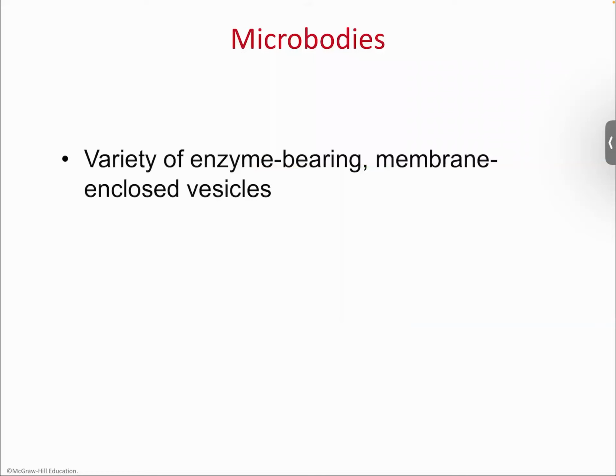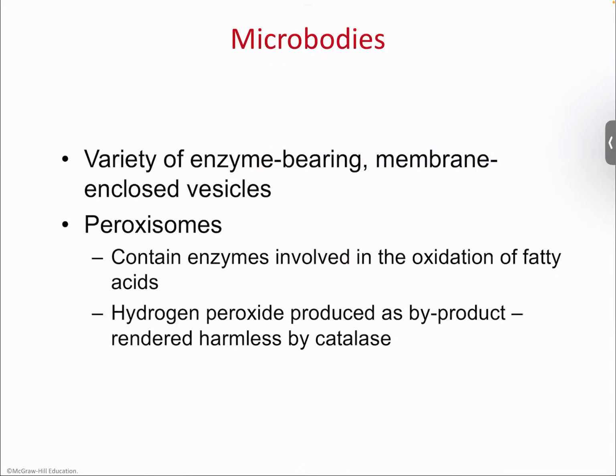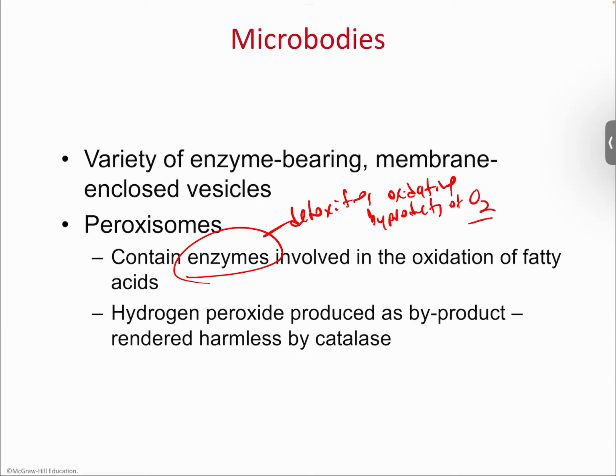There are other microbodies, which are just other little membrane bubbles, which all differ based on what's in them. And one of those microbodies is what's called a peroxisome. A peroxisome has enzymes in it that detoxify the oxidative byproducts of oxygen consumption.